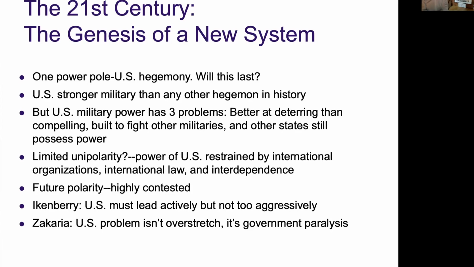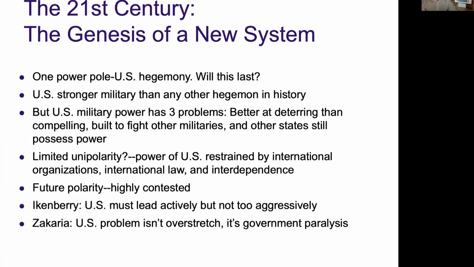Some other people argue that, yes, the United States is a hegemon, it's very powerful, but in a modern world like now, we have a lot of other organizations which are important. And then the question comes up, is the power of the United States restrained by these international organizations?